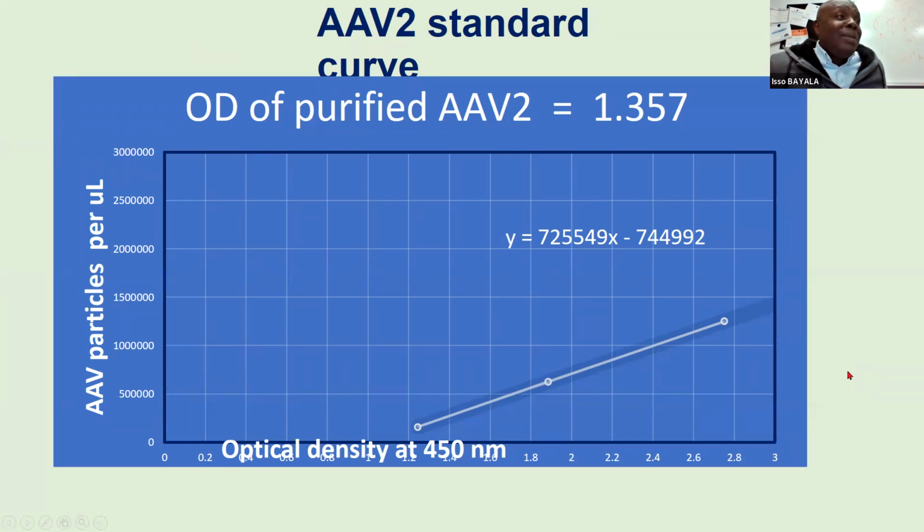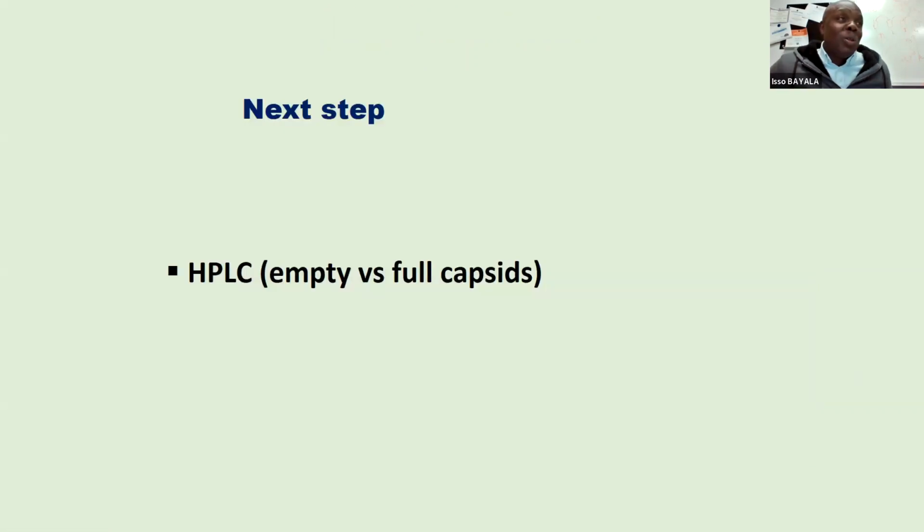I think there is a last one. The next step will be, like Jim and Maggie were saying, the capsids: some of them are going to be empty, some of them are going to be full. For patient treatment, you want the full capsid.